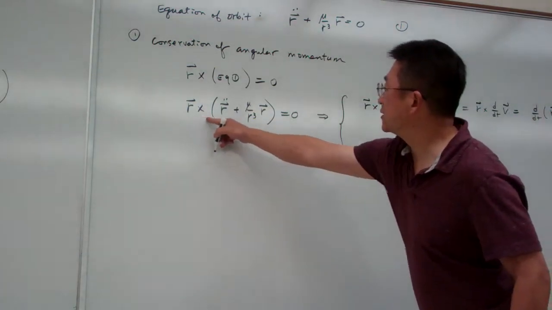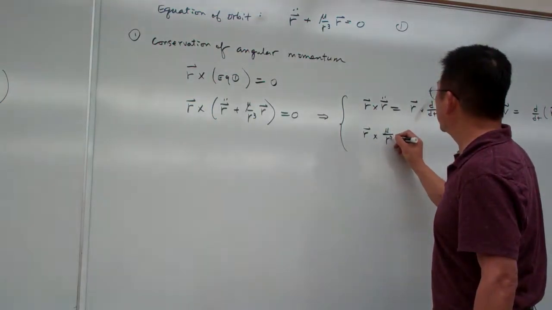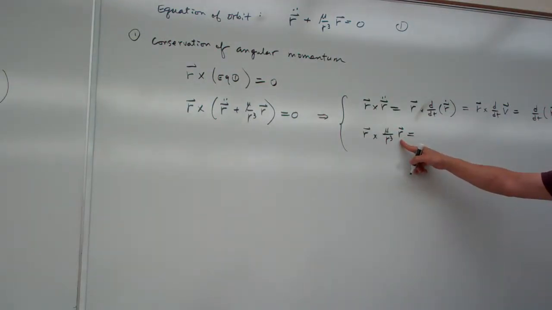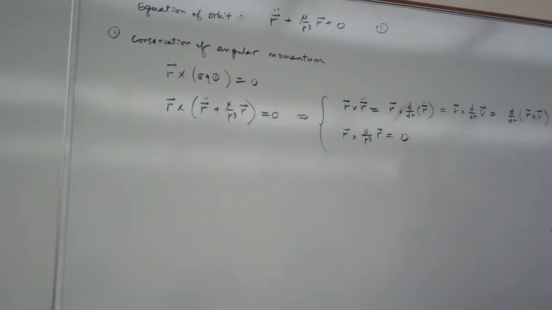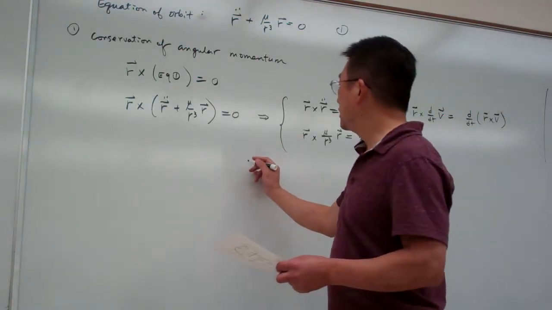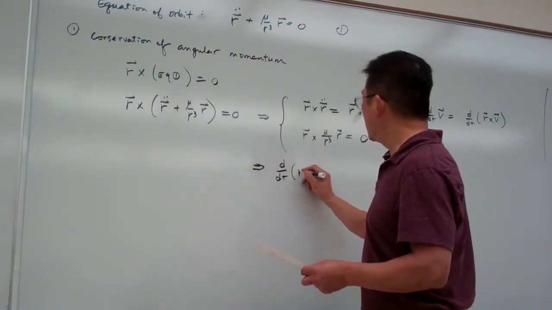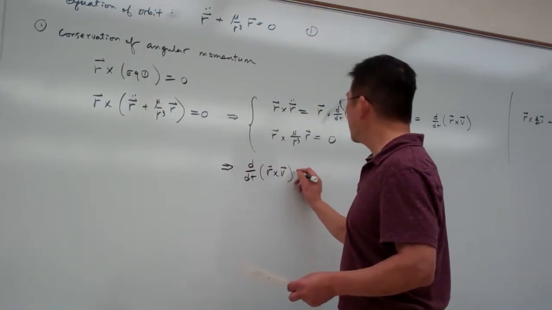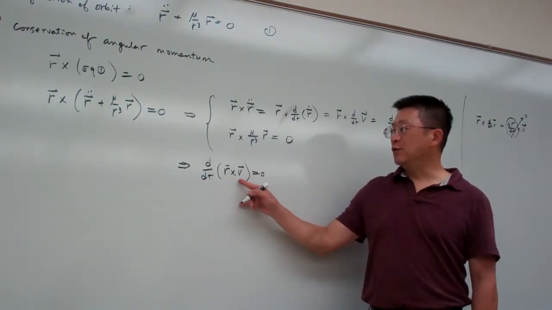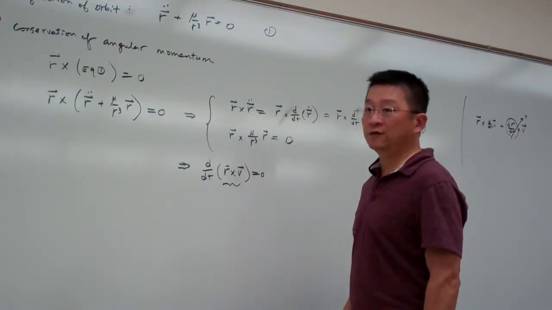And the second term is r cross mu over r cubed times r. Again, that is the cross product of r with itself, so this one equals 0. Therefore, this equation basically gives us d/dt of r cross v equals 0. So the time derivative of a certain vector equals 0. That is our definition of h.